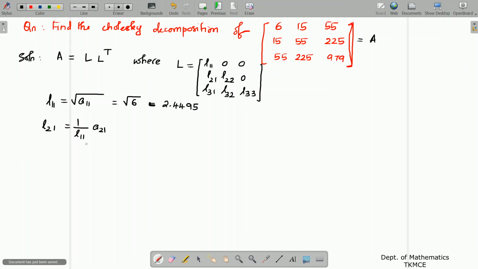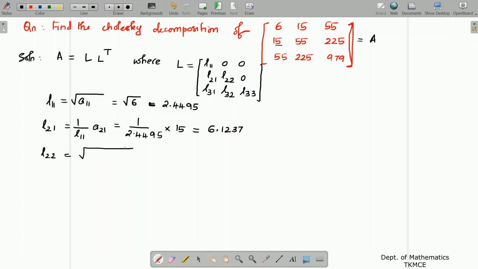It is 1 by 2.4495 into A21. A21, second row first element, is 15. So 15 by 2.4495 and the answer is 6.1237.